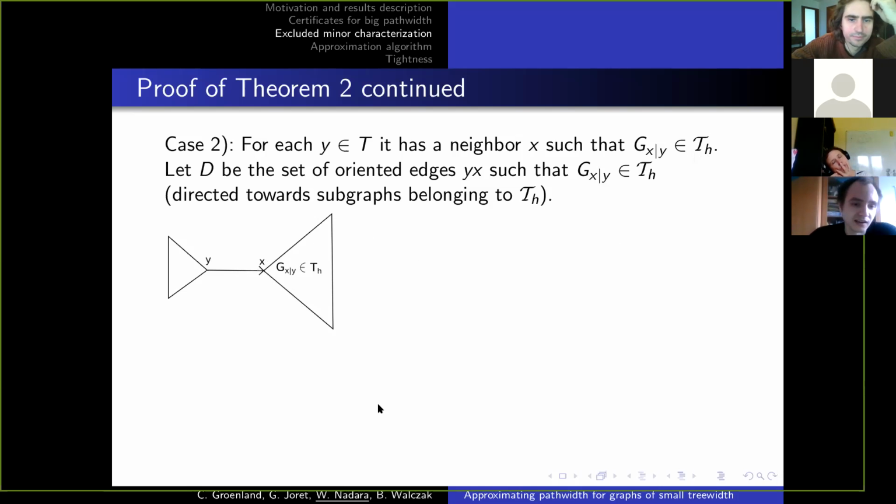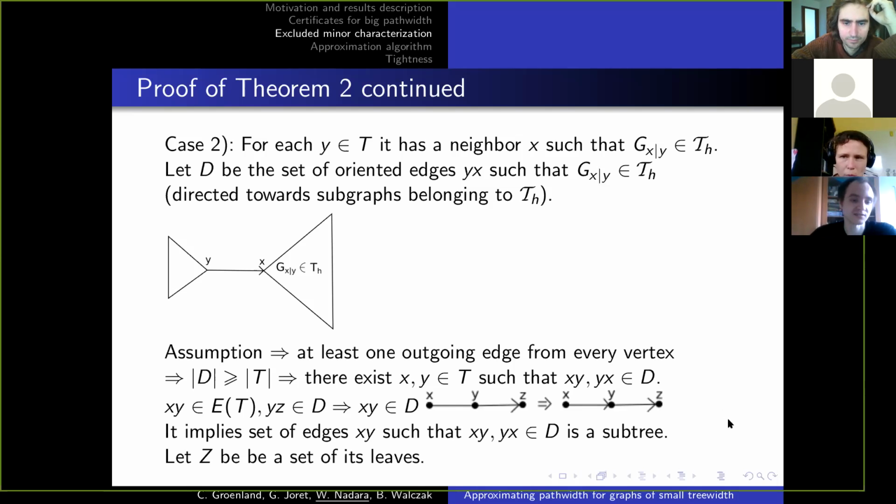So now, for each such pair y, x, we want to direct it. Sorry, we do not want to direct this edge. We want to consider a set of directed edges that point towards these big subgraphs. In particular, an edge can be directed in both directions if both parts on left and on right are big.